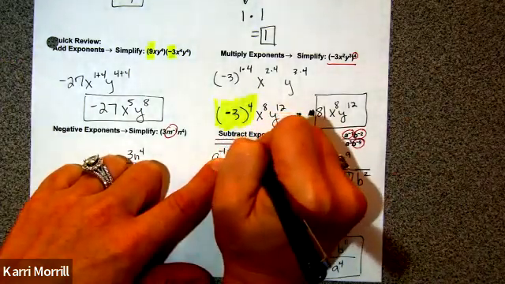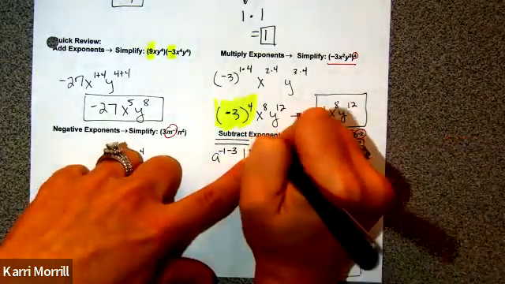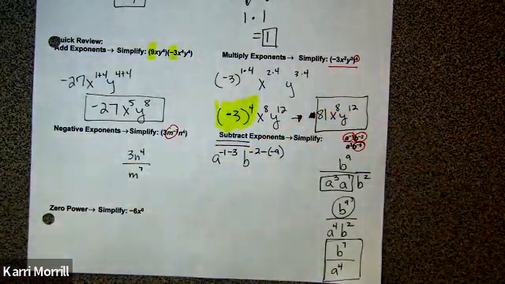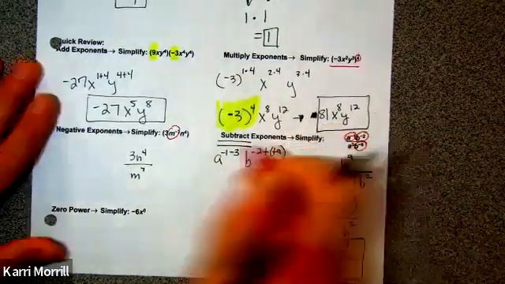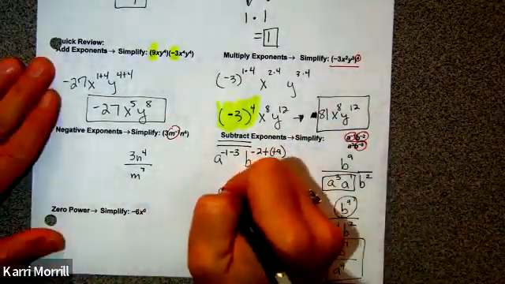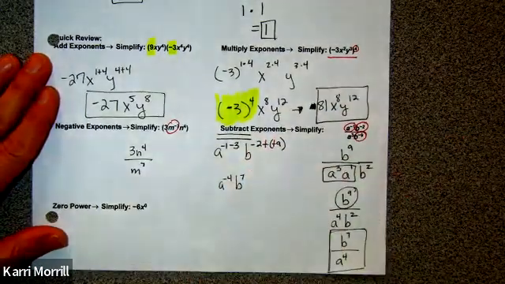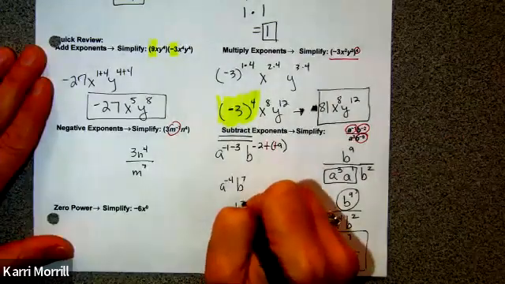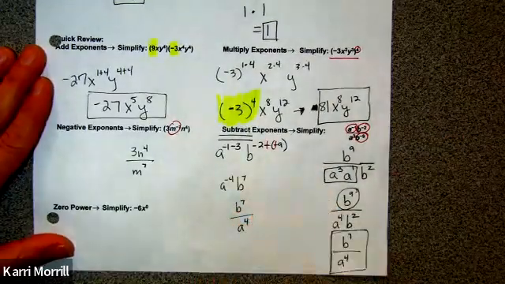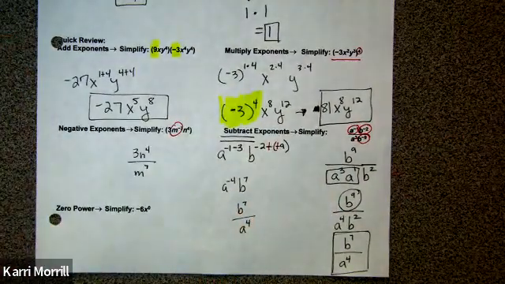For b, you have -2 minus, but it's a -9. So I personally don't like to do it this way because I see all sorts of sign mistakes that happen all the time, instead of just shifting it and then going from there. So this would be a to the -4th and b to the +7th. You get the very same thing and it's about the same amount of steps. I just think there's more room for errors with your signs.